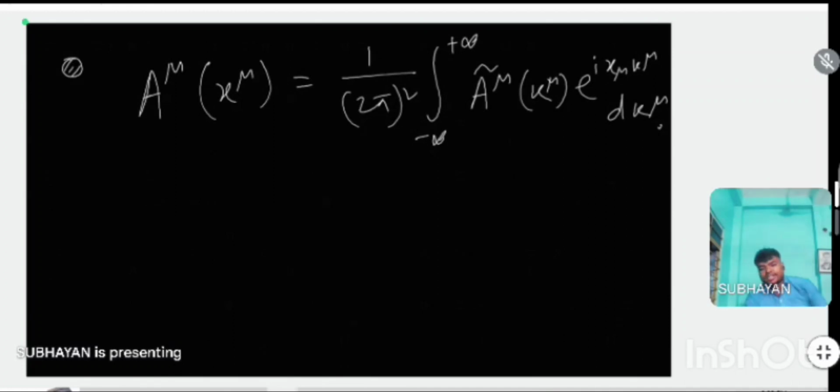Okay. So this is the Fourier transformation. A mu tilde is the Fourier transformation of A mu and vice versa.